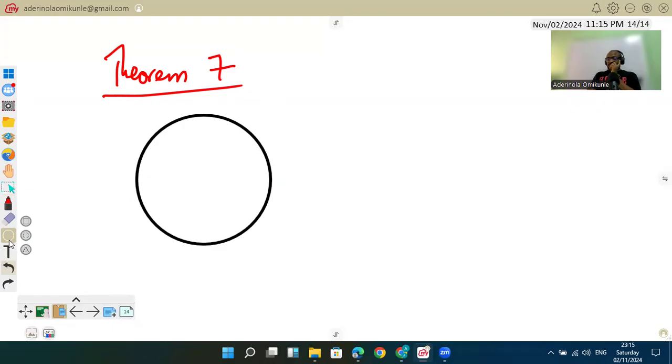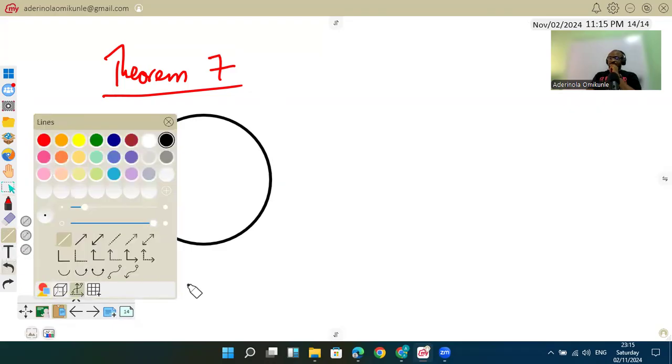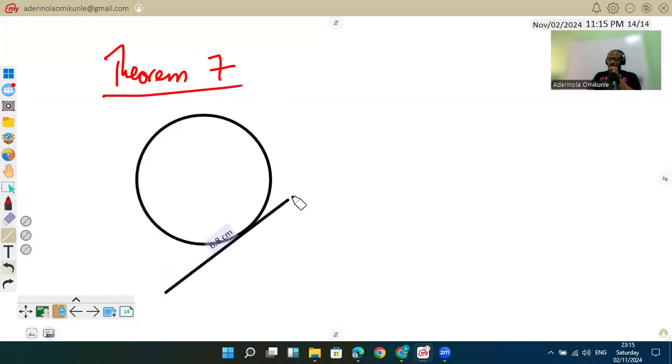Now, the first thing is that you have a tangent. So let me draw a tangent. Let me draw it in a simple place first before I make it complicated. Now, this is a tangent. Now, at the point where the tangent touches the circle, you draw a chord.